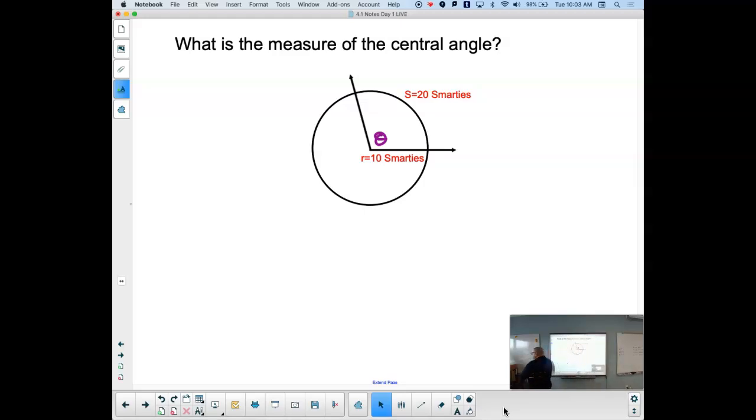Again, you can either unmute yourself or you can type it in the chat. I'll take it in either degrees or radians.